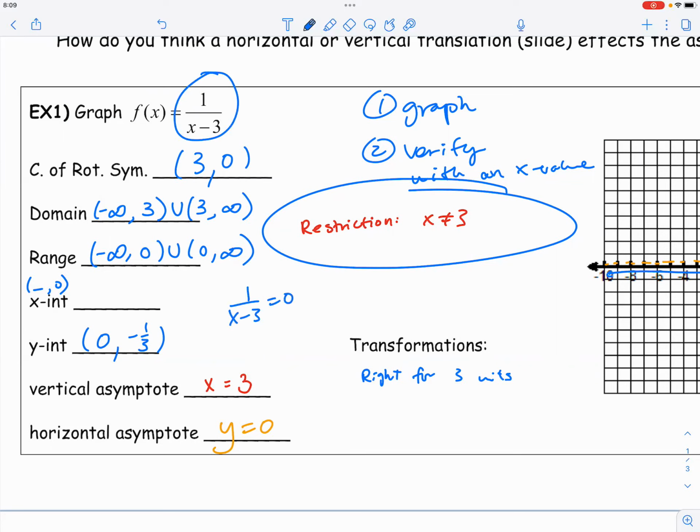For a fraction to equal 0, what must happen? For any fraction to become 0, the numerator has to be 0, right? That's the only situation where a fraction could become 0. It's when the numerator becomes 0.